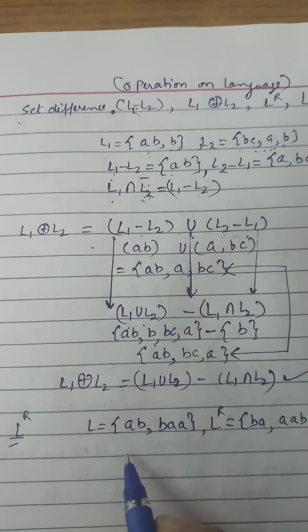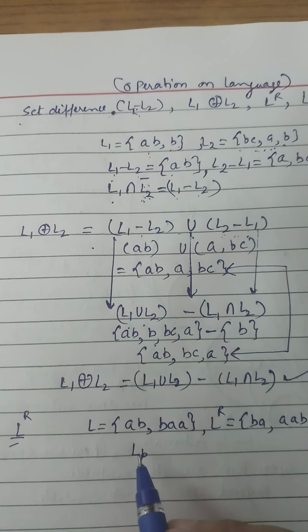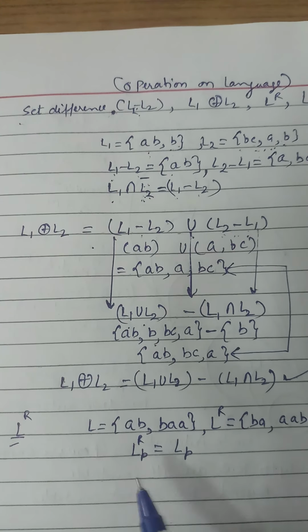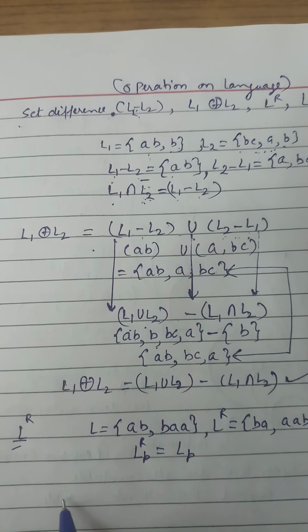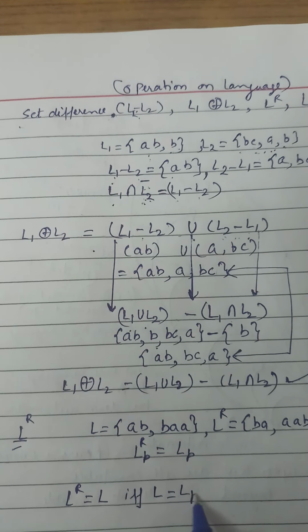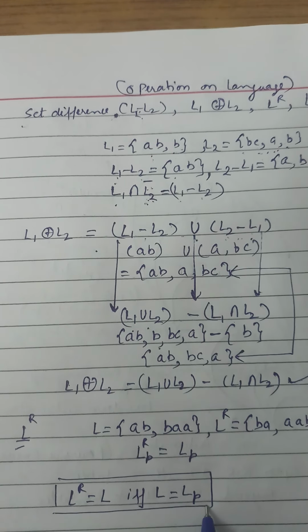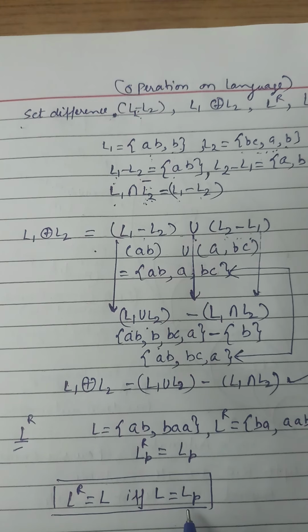And suppose the language is a palindrome, then the reversal language will be equal to the language. As we all know, a palindrome reads the same in reverse. So the condition is: the reversal language will be equal to the language if and only if the language is palindrome.